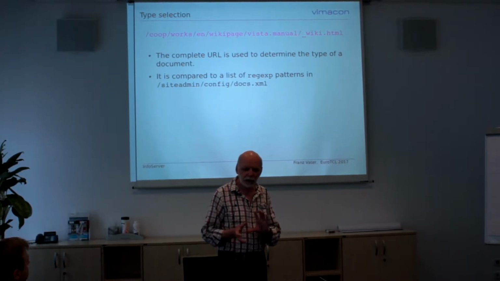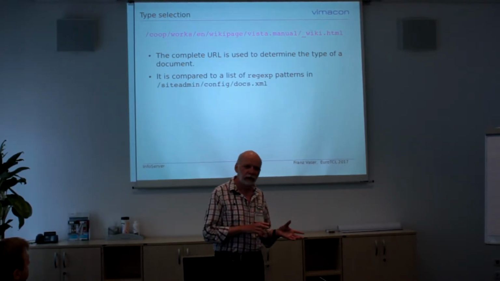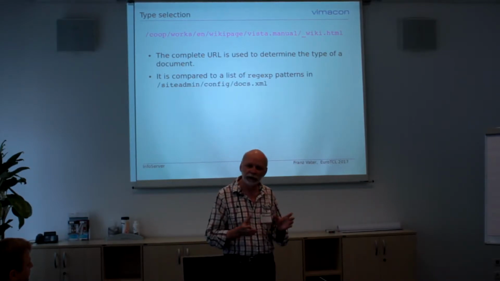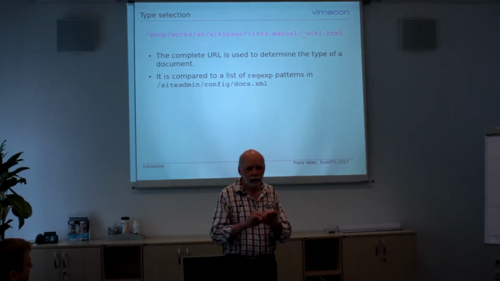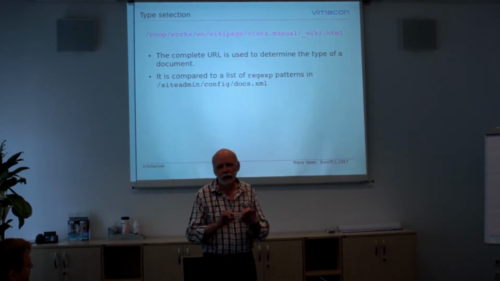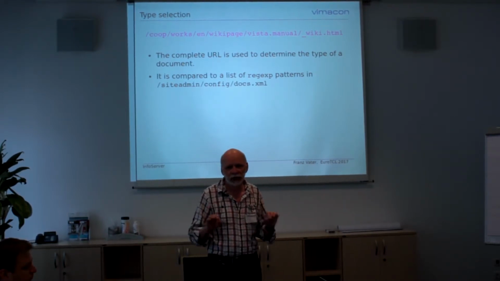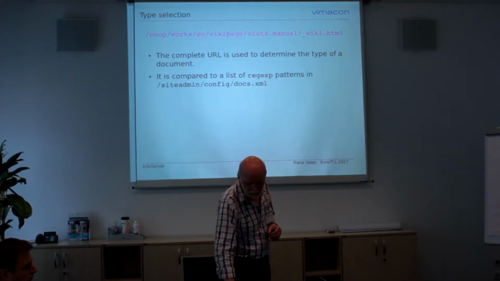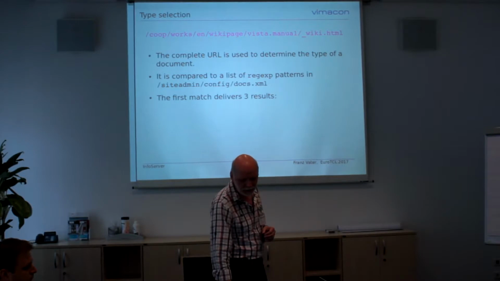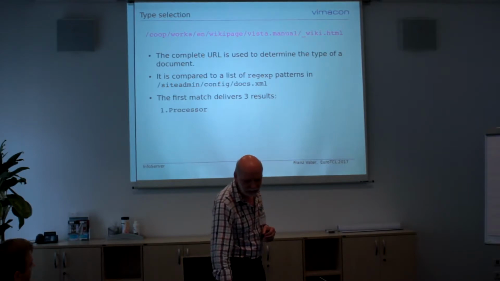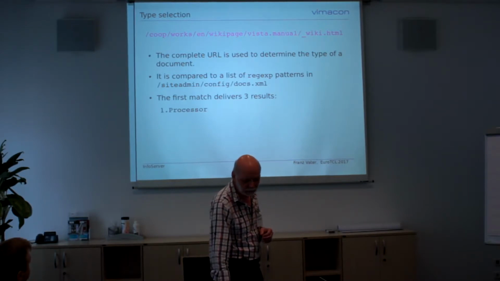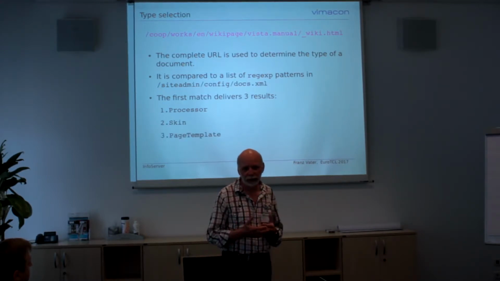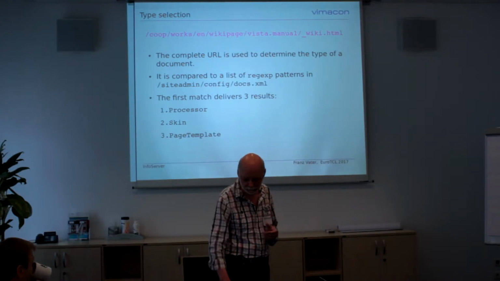And this is compared as a regular expression against patterns in one configuration file. That means you can have whatever you want based on the real address, you can then match against this list of patterns, and the first match delivers 3 results. First is what I call processor, second is skin, and third is page template, which is part of the skin.